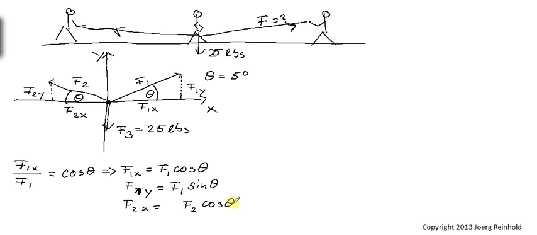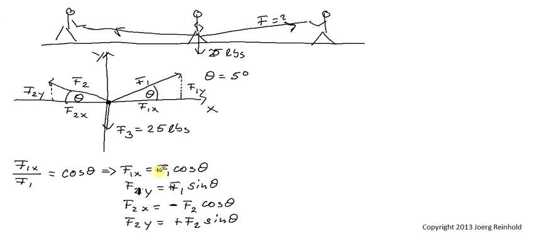The x component is adjacent to the angle theta. Now we also have to recognize that this points in the negative direction, so it's a minus sign here. F2y is the magnitude of F2 times the sine of theta. That is positive again. So these here are positive, and F2x is negative.